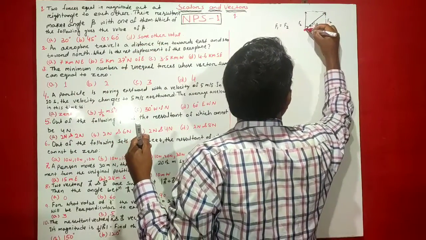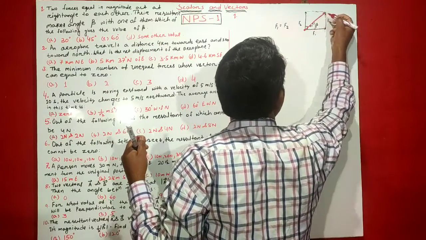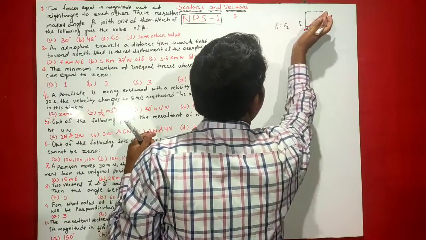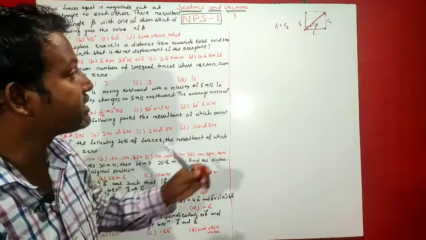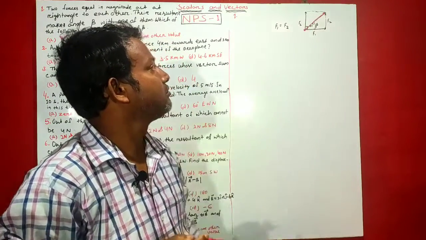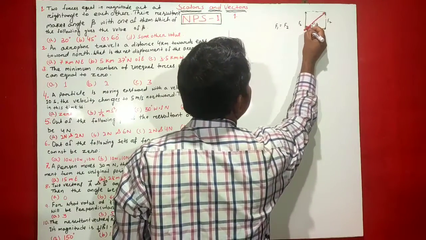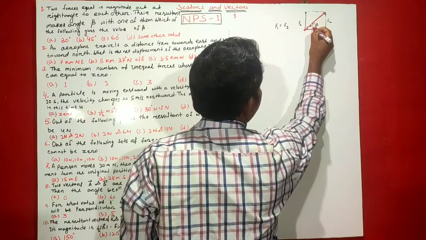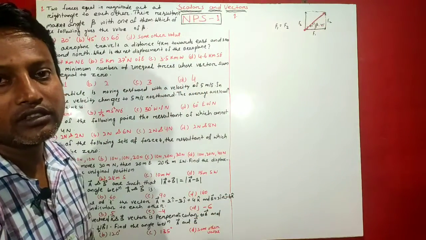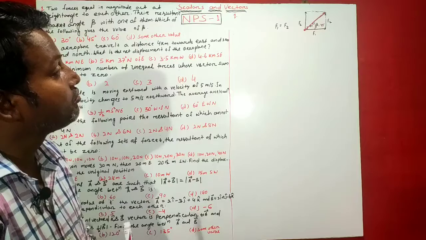So this is our required resultant. The diagonal is exactly the angle bisector of the angle between the two vectors. So beta will be 45 degrees. Visually you can solve this problem.